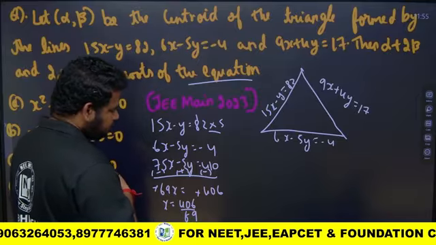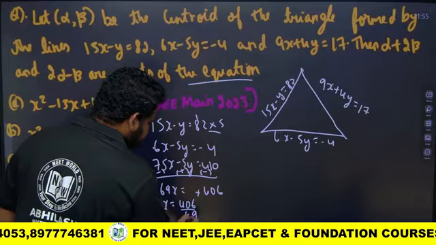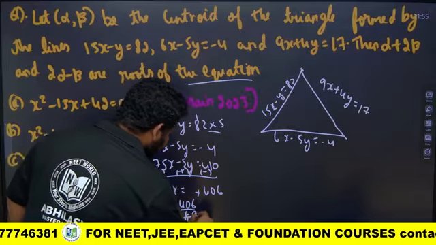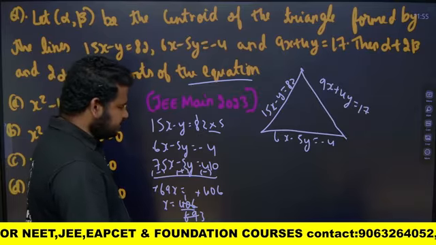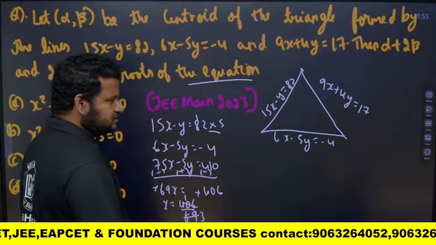406 by 69. How to solve this? So let me see. 23, 3s are 69. 23 1s are 23, 17 is left, 176. 176 means 176.